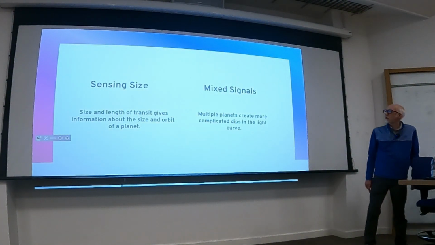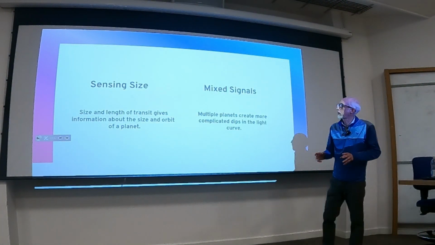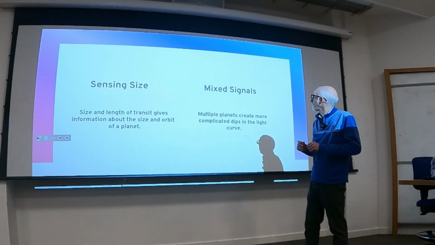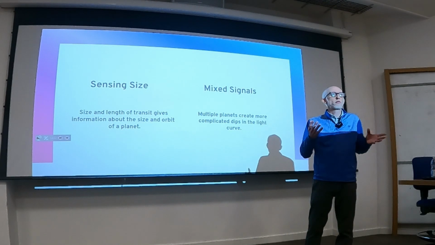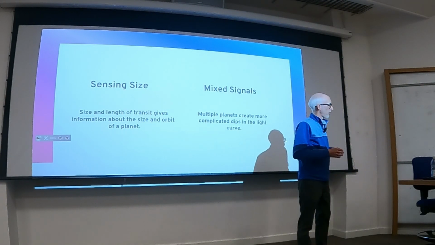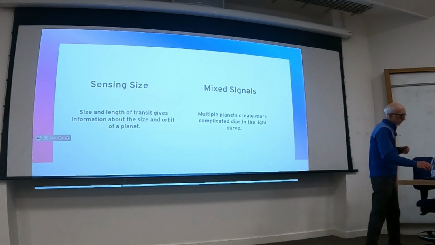So the size and length of transit gives information about the size and orbit of a planet. But what about if there are multiple planets? You're going to get mixed signals. So what you have to do is, again, measure the light that comes from the star.